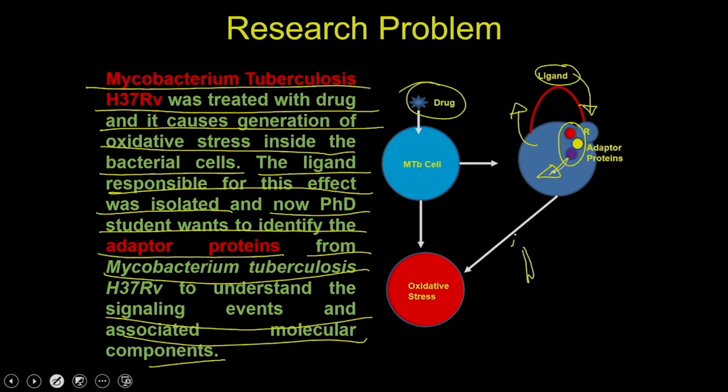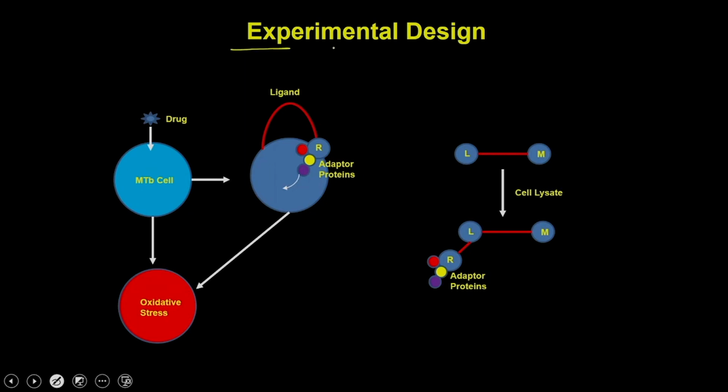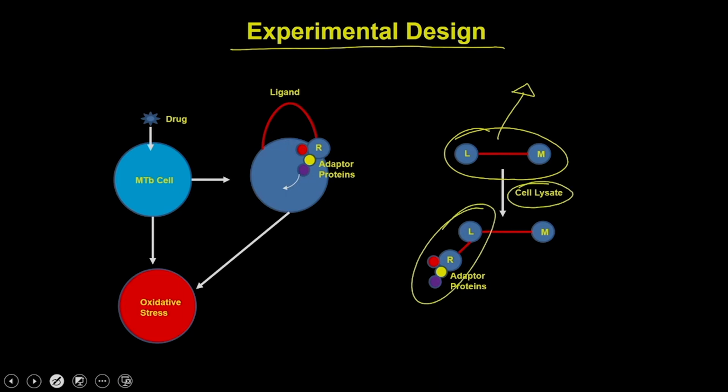So what the student wants is to identify these adapter proteins, and if you remember, we have used some techniques where you can answer these questions. In the technique we discussed, you can simply make a column where you put the ligands onto the matrix, which serve as a scaffolding protein, and if you incubate with the cell lysate, it is going to bind the receptor as well as the adapter protein.